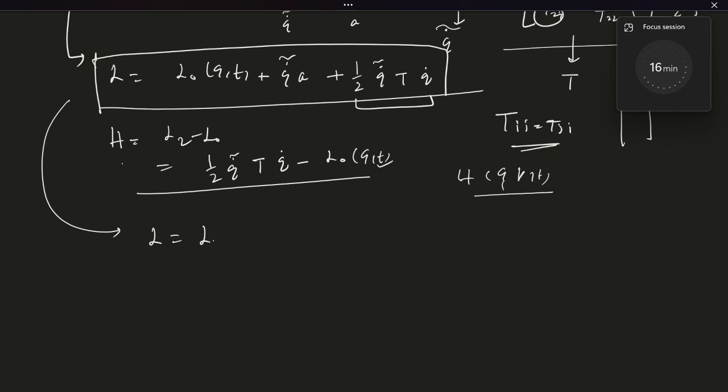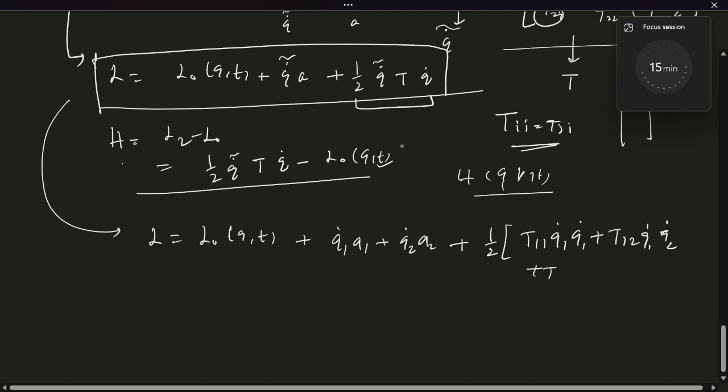So L equals L0, which is a function of q1, q2, and t, plus q1 dot a1 plus q2 dot a2, plus half times T11 q1 dot q1 dot, T12 q1 dot q2 dot, T21 q1 dot q2 dot, plus T22 q2 dot q2 dot.